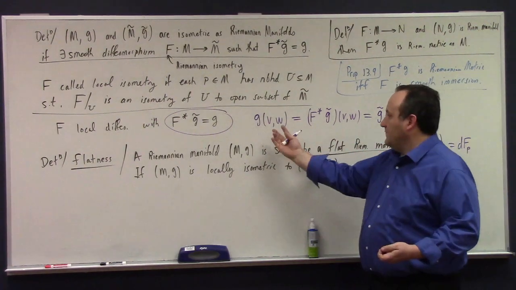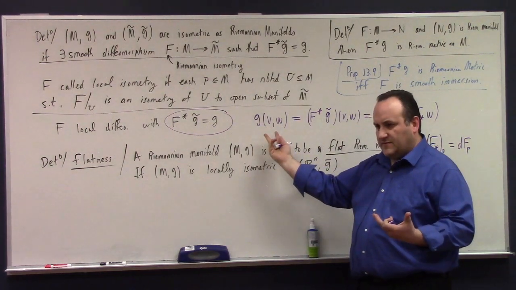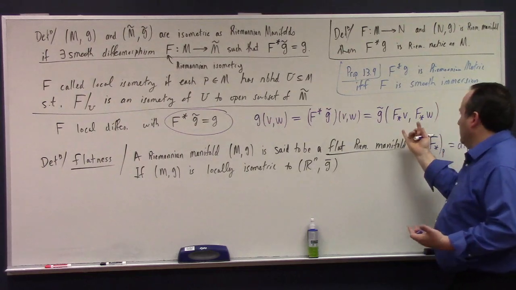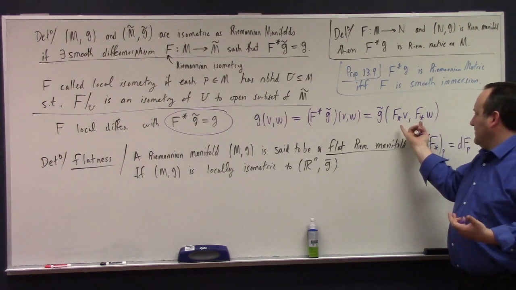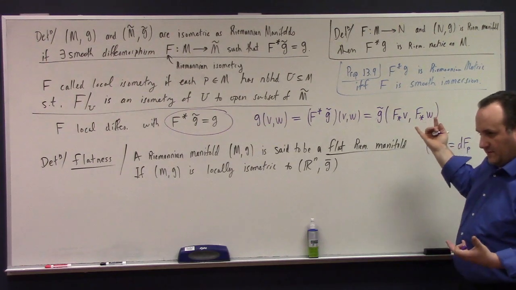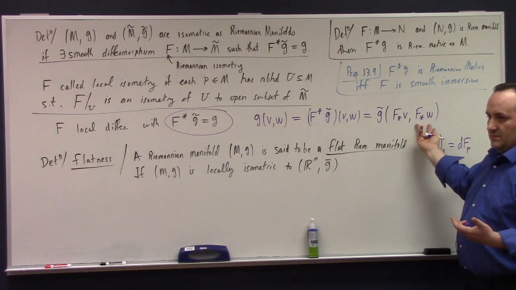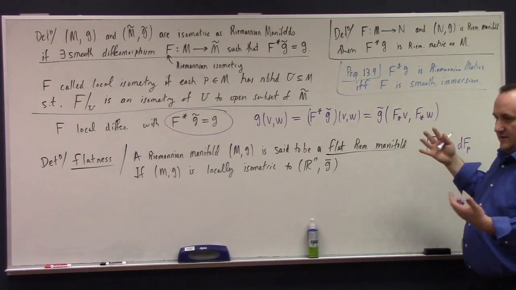So if we calculate essentially the dot product between vectors v and w, then it's going to give us the same as the dot product on the isometric manifold between the push forward of v and the push forward of w. So this is the preservation of the dot product.